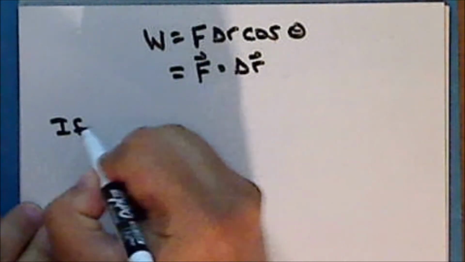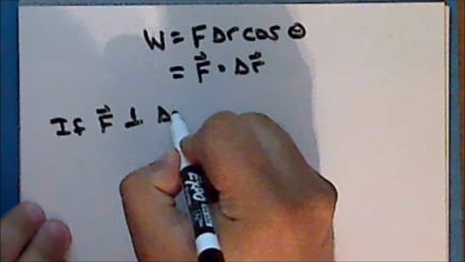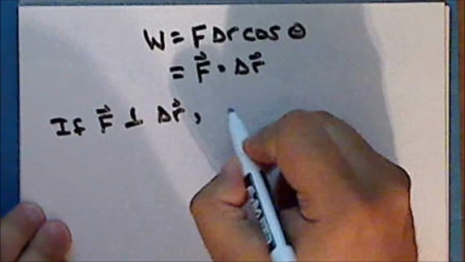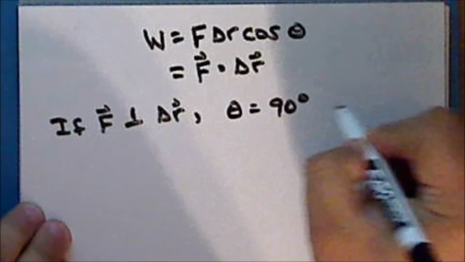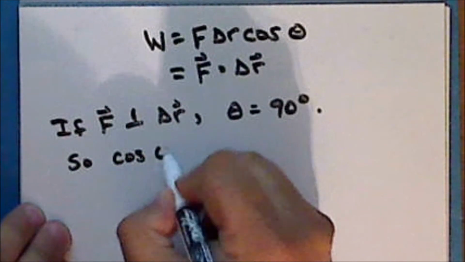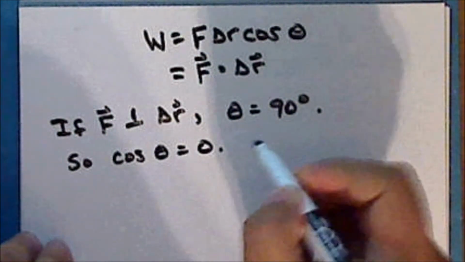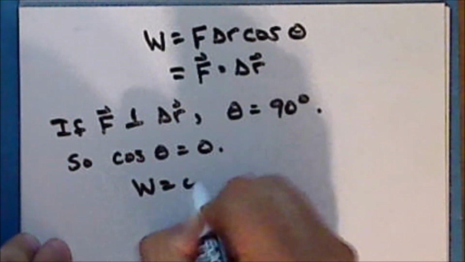Now, if the force vector is perpendicular to the displacement vector, this means that the angle theta is 90 degrees, and so the cosine of theta is 0, and hence the work is 0.